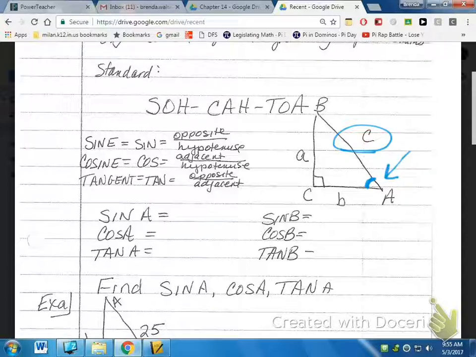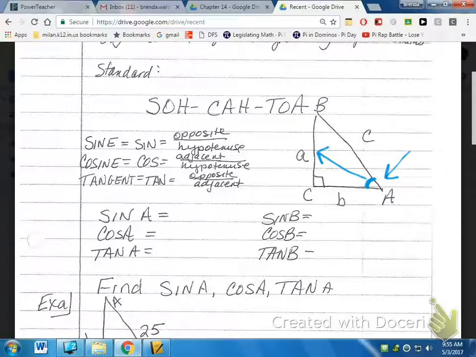There are two legs in this triangle. One of the legs is opposite angle A, and one of the legs is adjacent to angle A. The one opposite angle A is little a. The opposite is always that letter that matches.